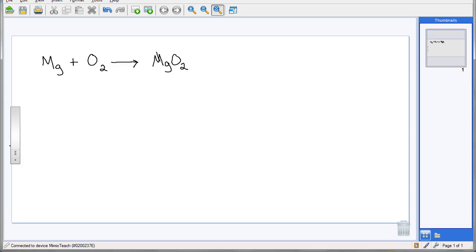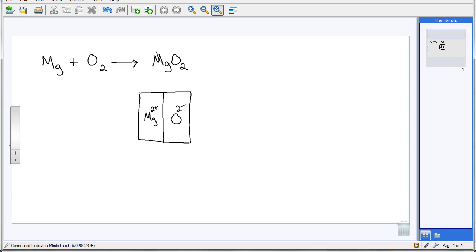And the reason for that is if we think back to when we were forming ionic compounds, if we think of magnesium as having a particular sized charge. So looking at the periodic table, we know that magnesium has a 2+ charge. Then we also have to take a look at oxygen. So oxygen has a 2- charge, an equal sized charge to magnesium.